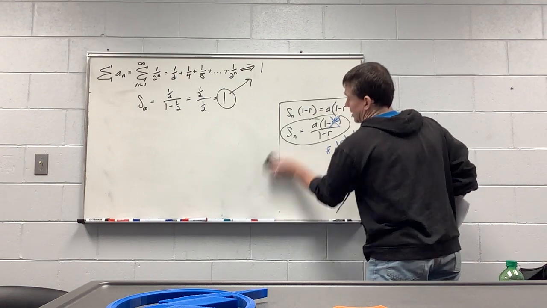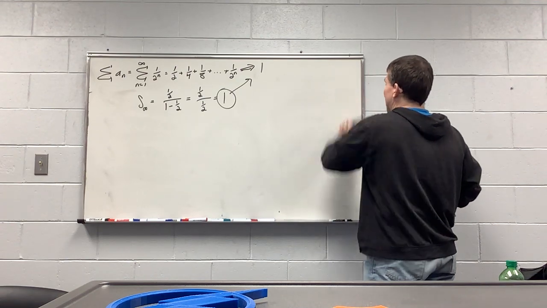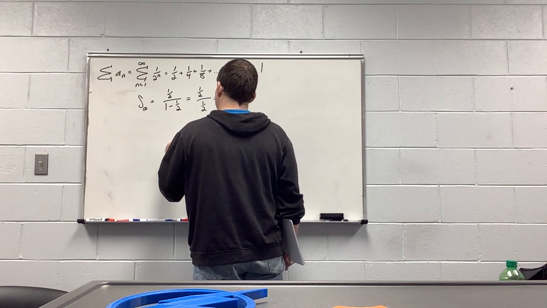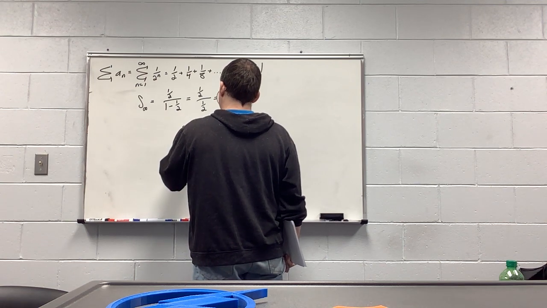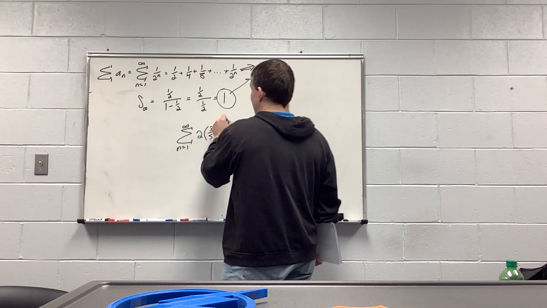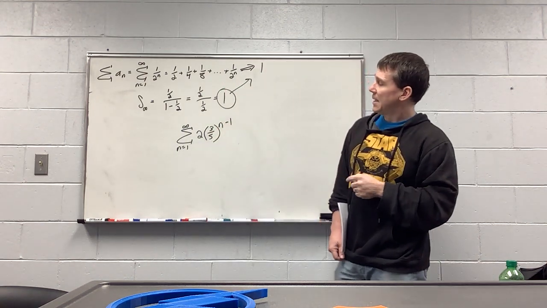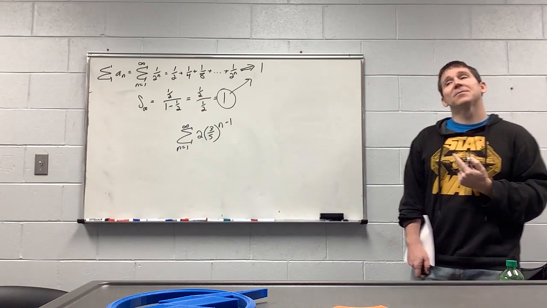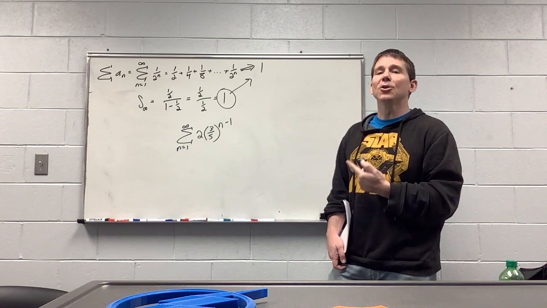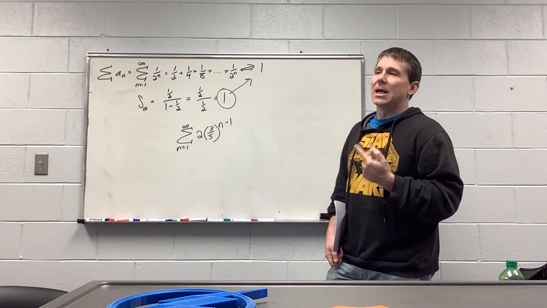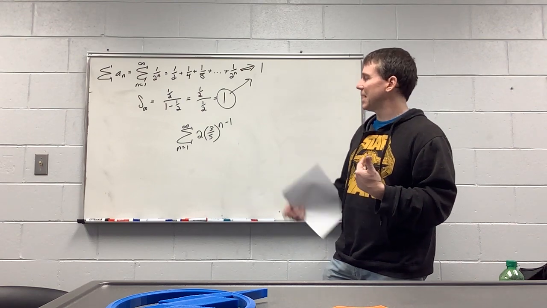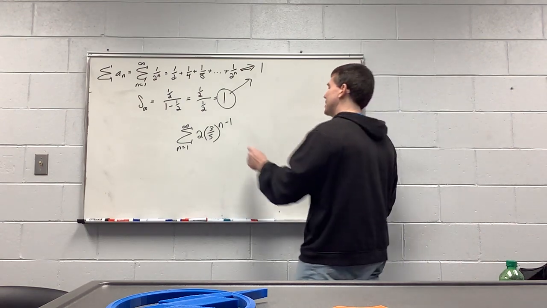But now it means we can expand on this, and for the sake of argument, suppose I have the series n equals 1 to infinity of 2 times 3/5 to the n minus 1. Does that series converge or diverge? If you cannot tell by looking at it what type of series it is, one trick you can do, and I will stress this throughout the chapter, I do it myself sometimes, list out the first few terms.